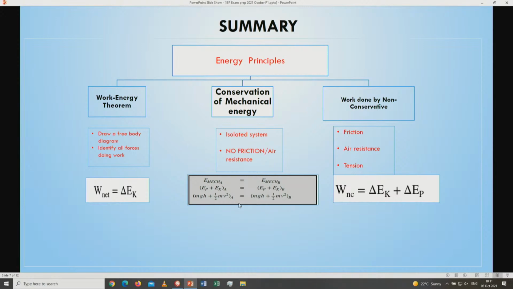So conservation of mechanical energy, if there is no friction, will work hand in hand with work energy theory. Then if friction is given or is present, then it means work done by non-conservative force will work, as well as work energy theory.